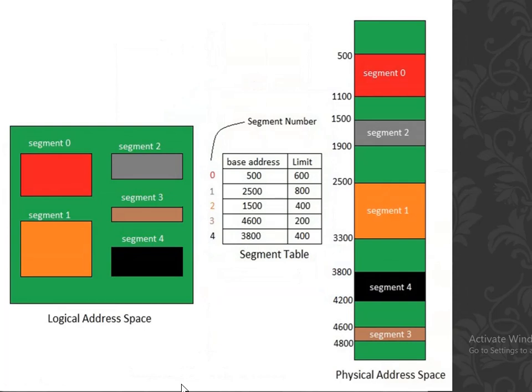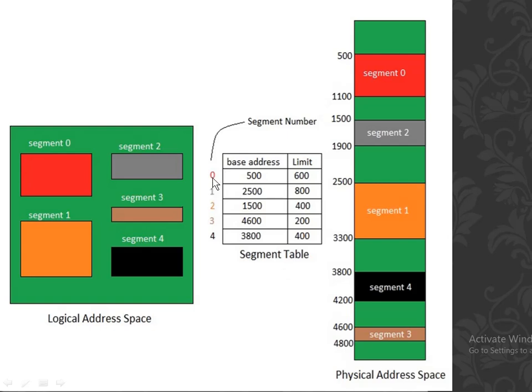Take this simple example. We divide the program into 5 segments. This is the segment table entry, this is the base address, and this is the limit. This is segment number 0. The segment values 0, 1, 2, 3 are the index of the segment table.